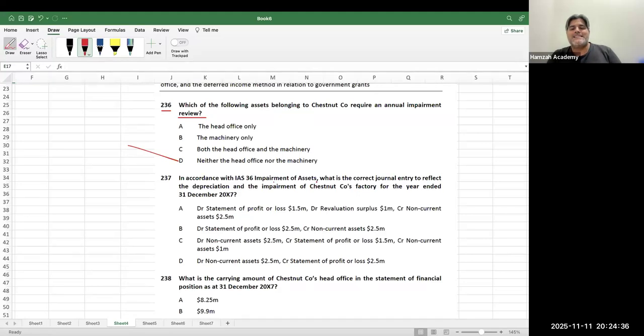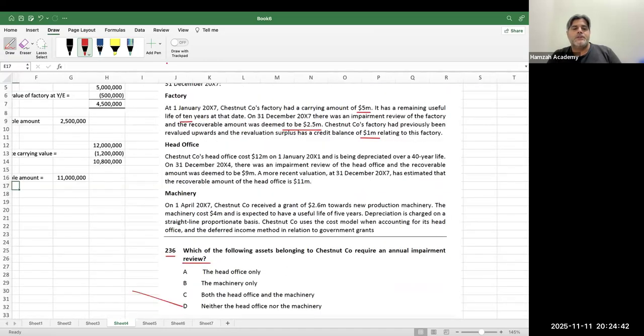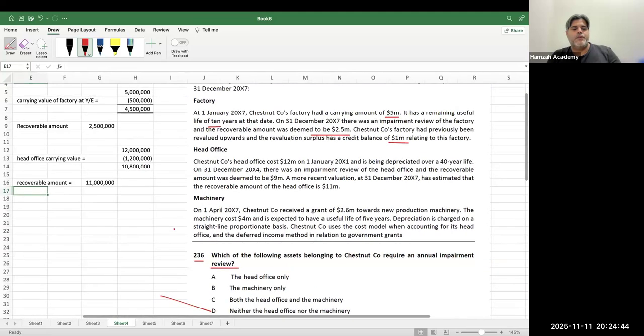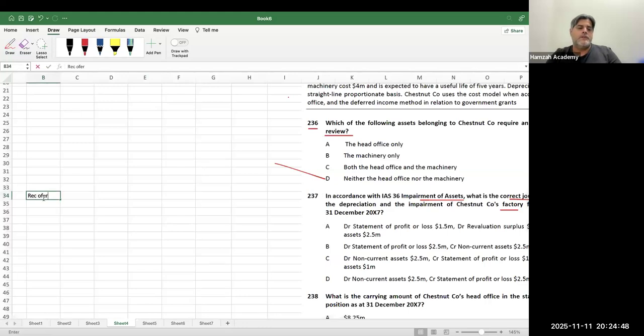Impairment of assets, the journal entry for the factory over here. So the recoverable amount is 2.5 million. Recoverable amount is 2.5 million.